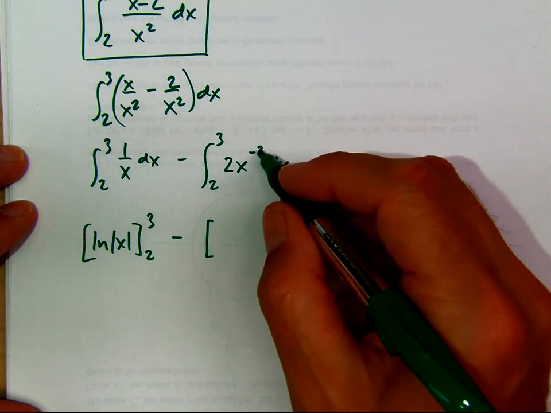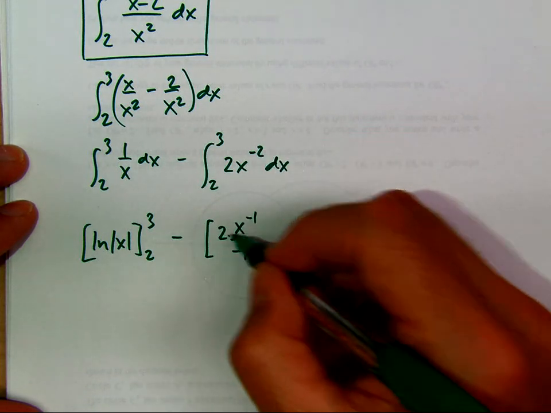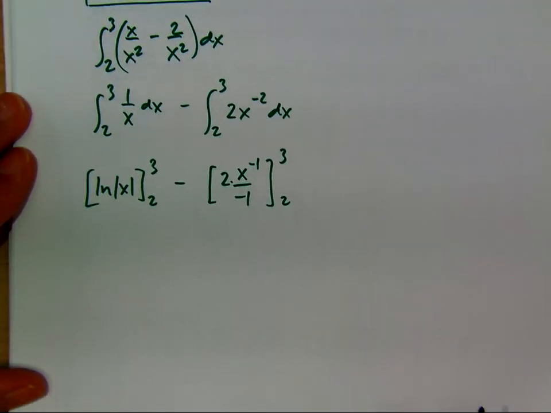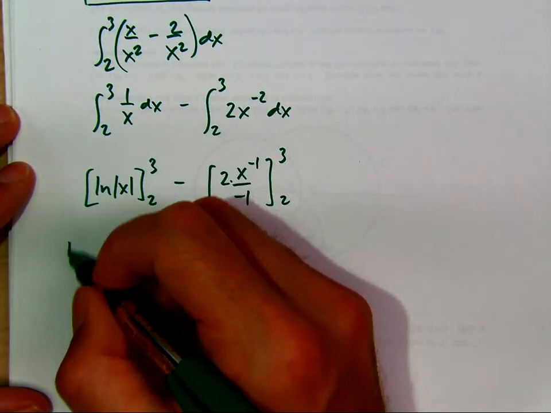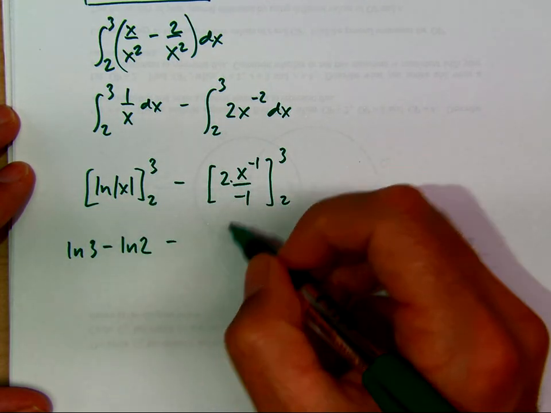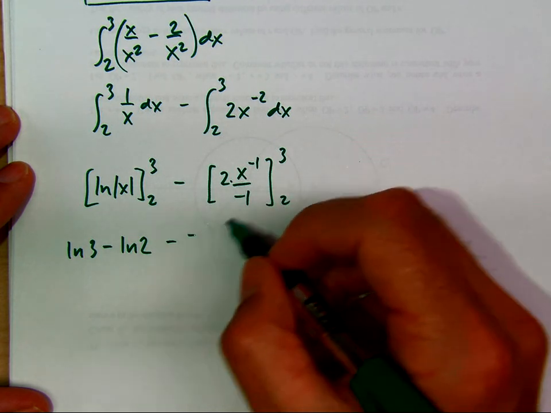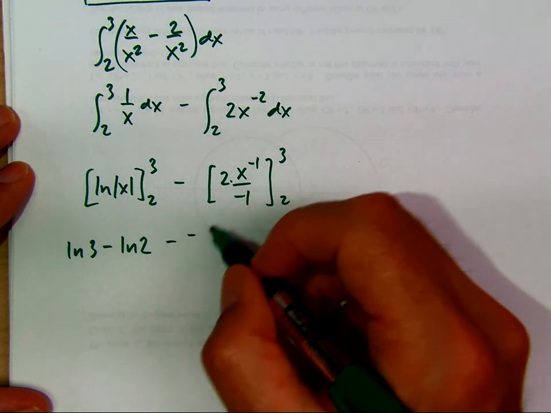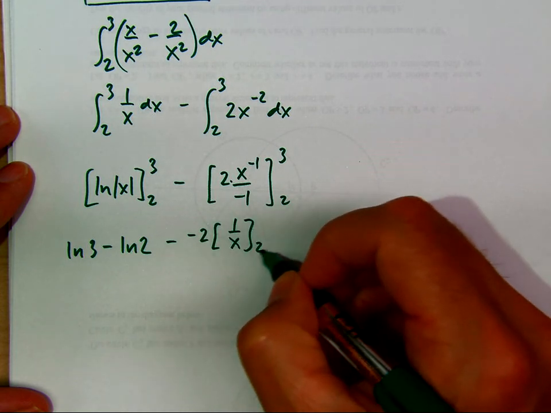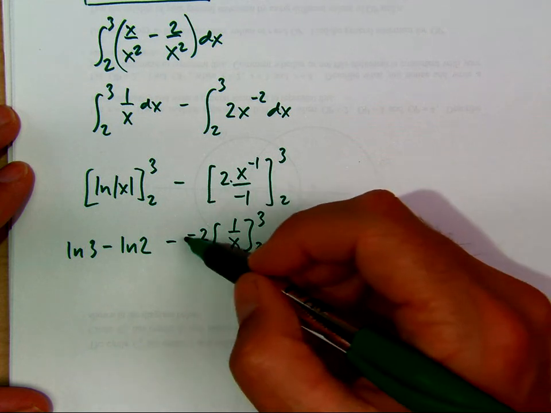So we're going to add and divide. ln 3 minus ln 2. Let's simplify that to be negative. I'll take the negative 2 outside, and then it's just a 1 over x. So this is 1 over x, this makes a negative 2, and I put it in front.